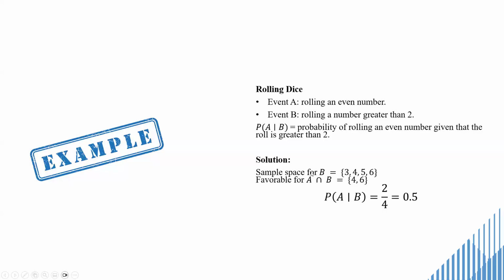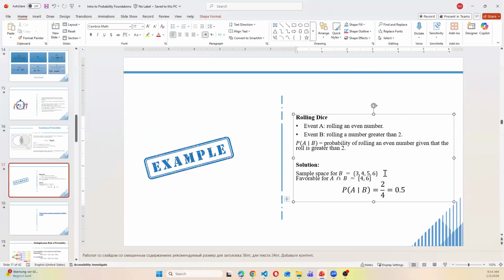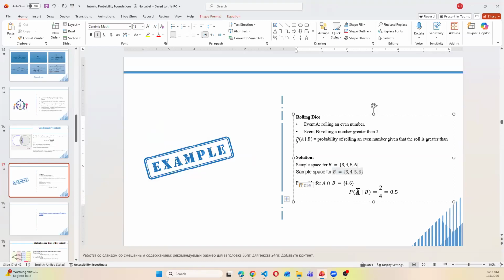So my sample space for B is 3, 4, 5, 6. And for A, the sample space is 2, 4, and 6.